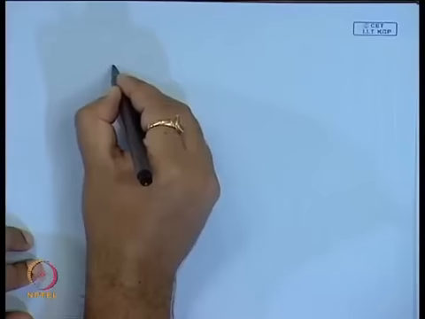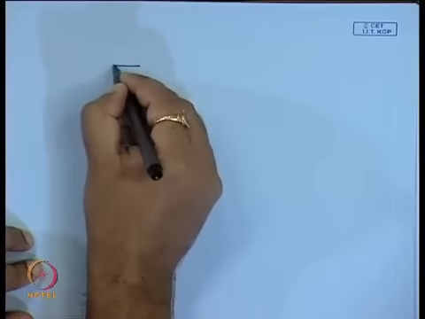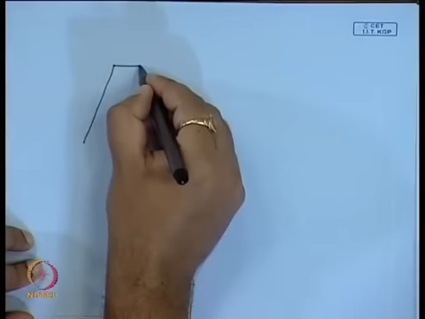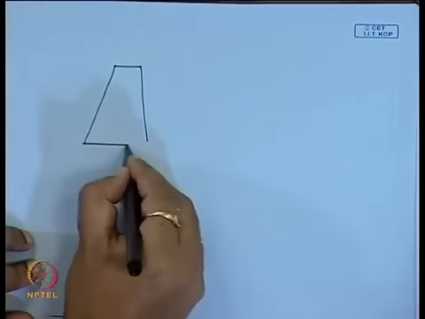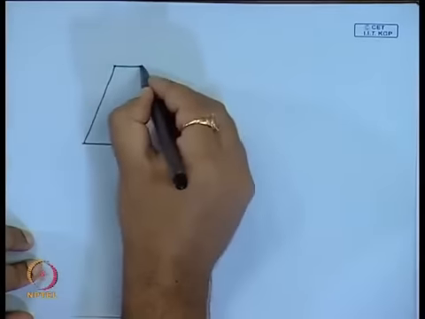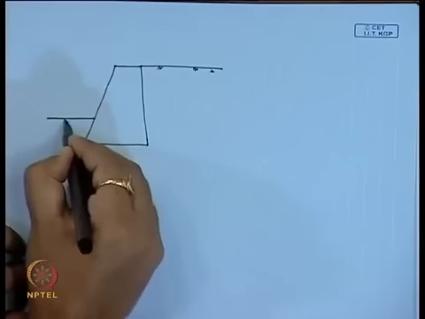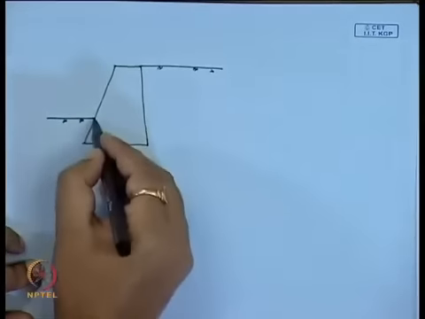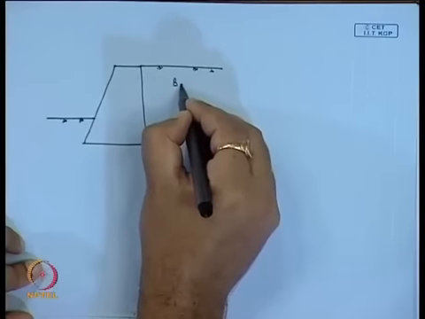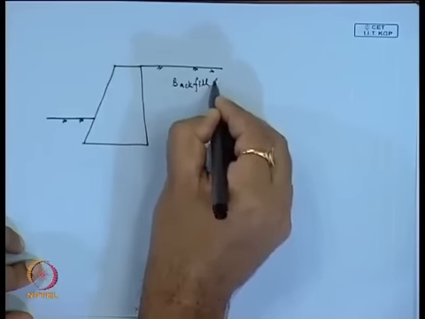Before we go for the gravity retaining wall, you should know what different factors of safety you have to determine, and what checks you have to do for the design of this retaining wall. Suppose this is a typical section of a retaining wall, where this is the backfill side, this is the ground surface, and this is the foundation.